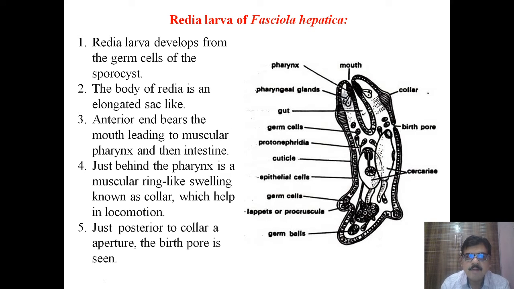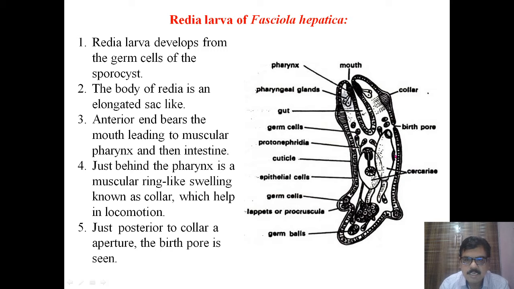Then another larva, that is the redia larva of the Fasciola hepatica. The redia larva develops from the germ cells of the sporocyst larva. The body of the redia is an elongated sac-like structure. You have to draw this diagram.